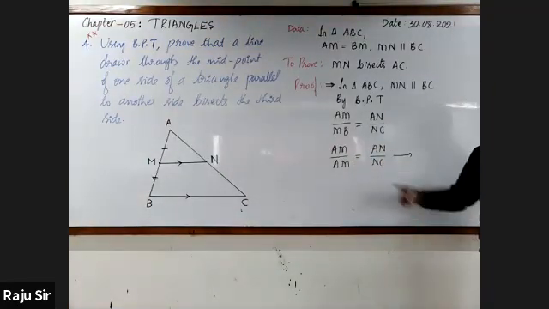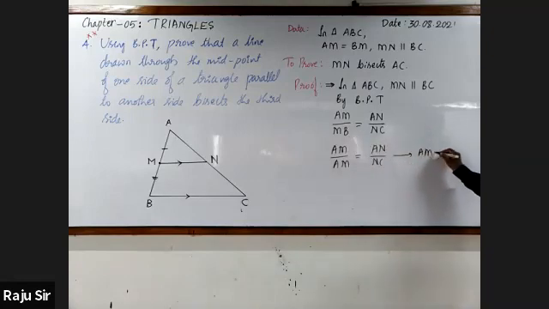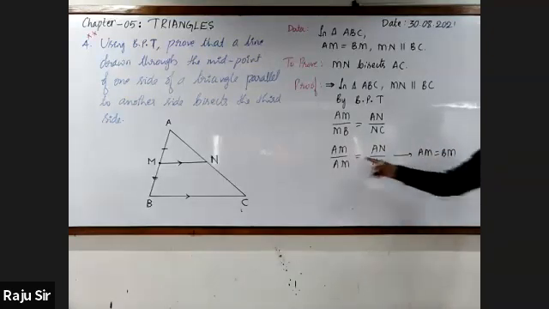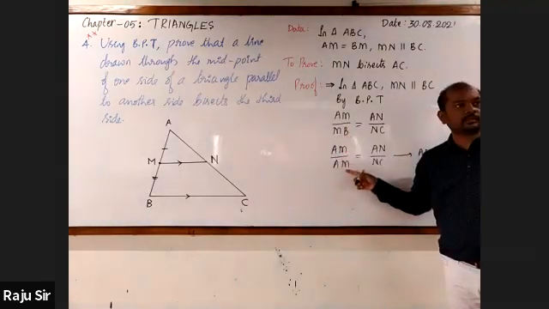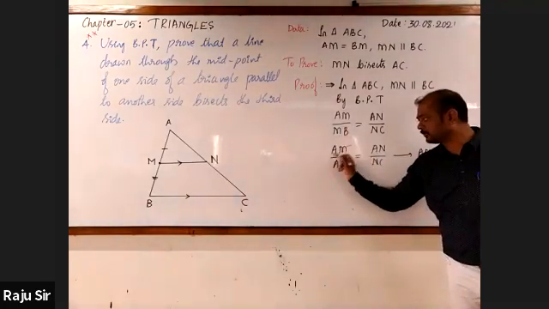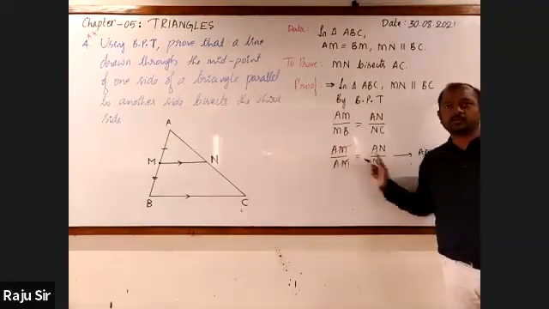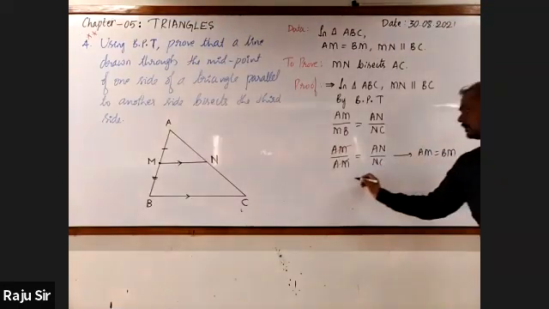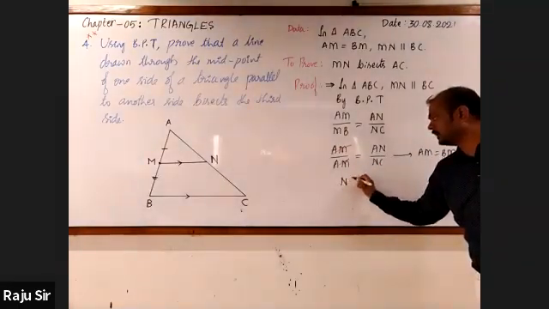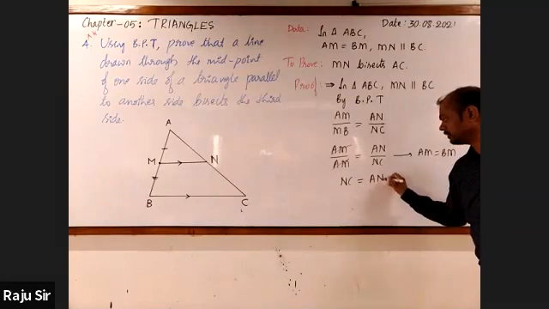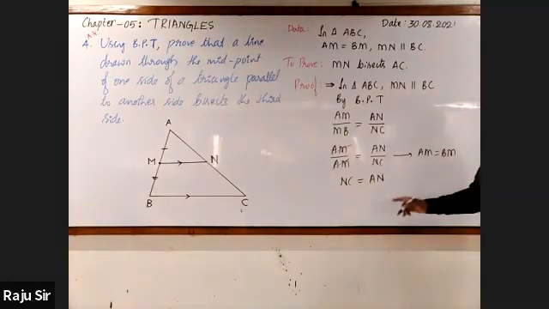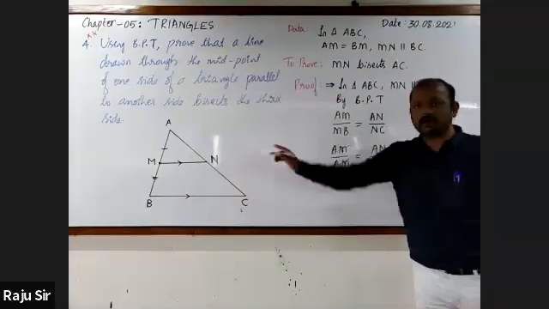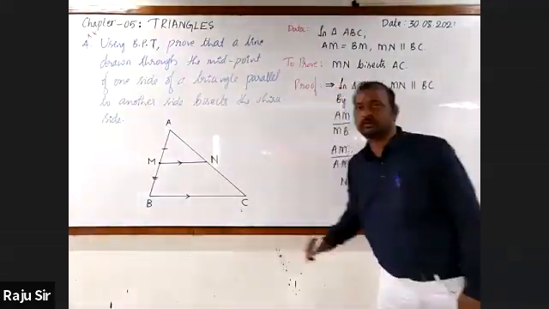Reason? AM equal to BM from data. We have already shown that the two are equal. Now we can go for cancelling. You'll get 1. Go for cross multiplication. NC equal to AN. If AN and NC are equal, what do you say about N?